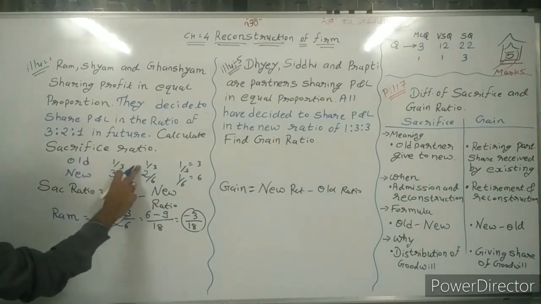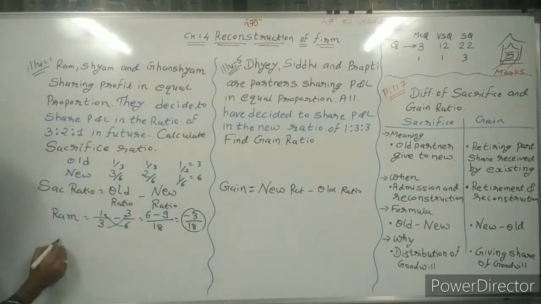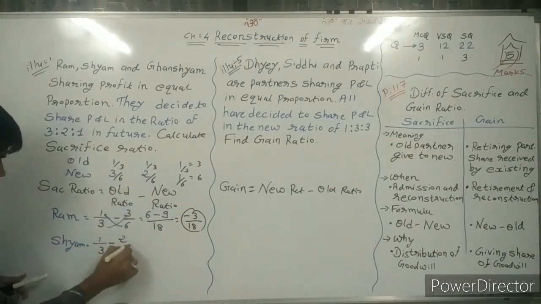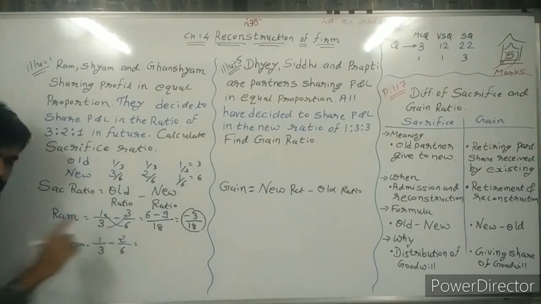Now calculate about Shyam. Calculation of Shyam: 1 by 3 minus 2 by 6. Cross multiplication again.